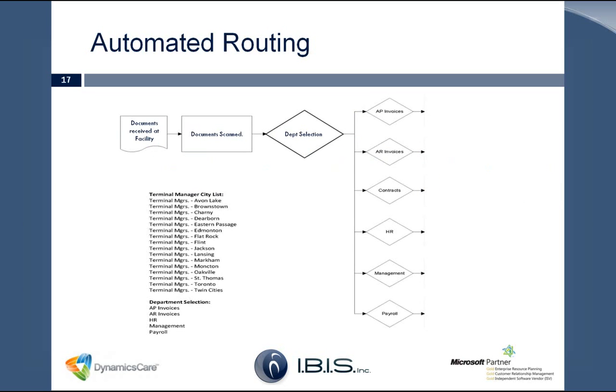So here's an example of automating a routing process. As we discussed, the documents are received, in this case, at a facility. There are 16 facilities across the U.S. The documents are scanned, addressing front-end capture. The rule is driven by the department, and as you can see over here on the right-hand side, that process is applied to multiple document types across 6 different departments.